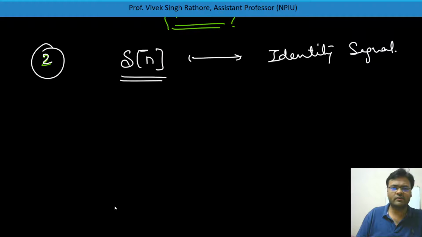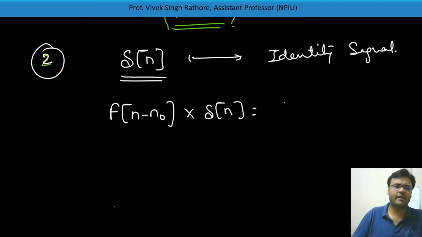If you multiply any signal f of n by delta n minus n naught, you will get the value at n equal to 0, so f of minus n naught, and delta n will be there only.